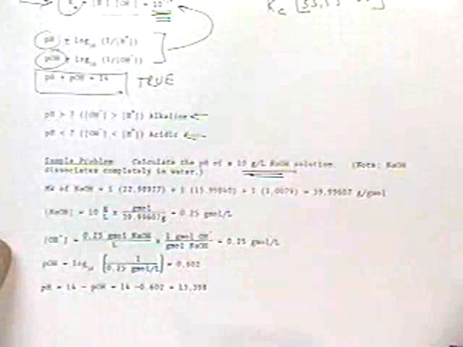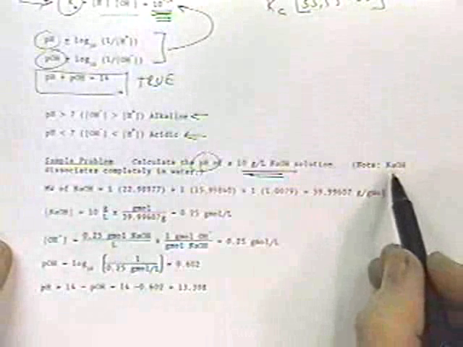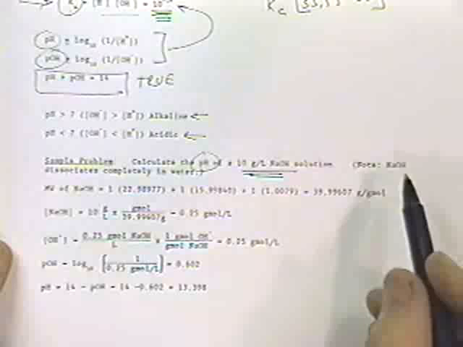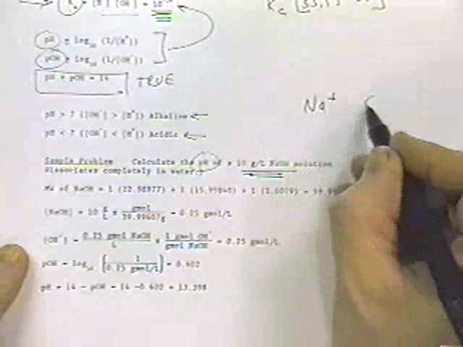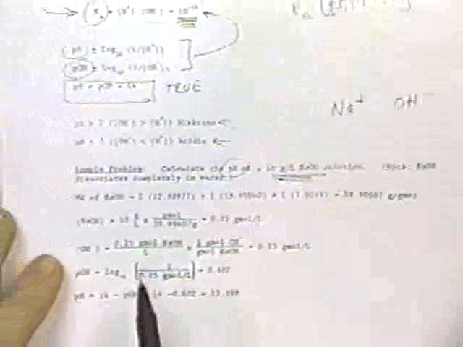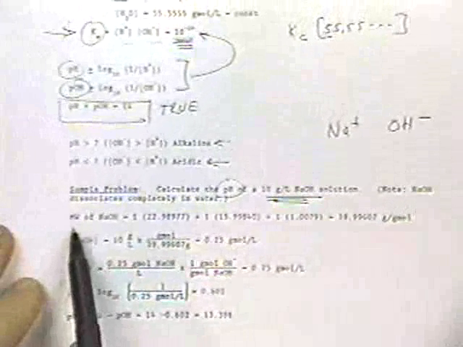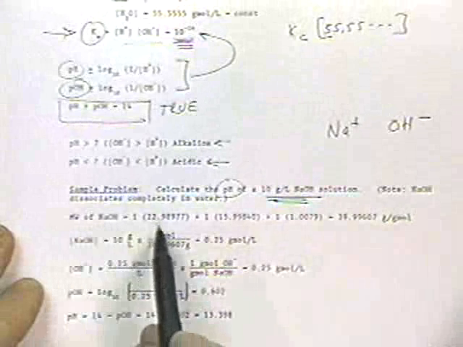We've got a 10 gram per liter solution of sodium hydroxide, and what's the pH of this? Noting that sodium hydroxide completely dissociates into sodium ions and hydroxide ions, the first thing we have to do is calculate the molecular weight of sodium hydroxide.